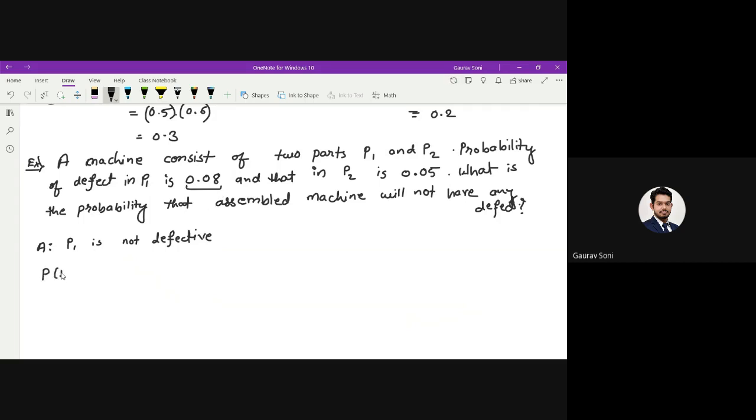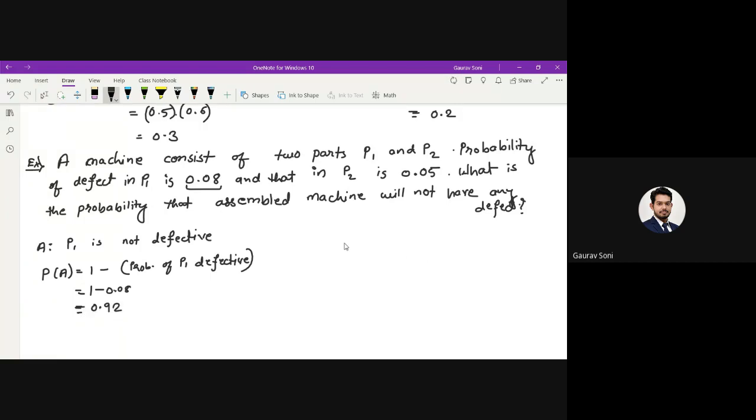So probability of A will be equal to 1 minus probability of P1 defective. And so this is equal to 1 minus 0.08, which is 0.92.